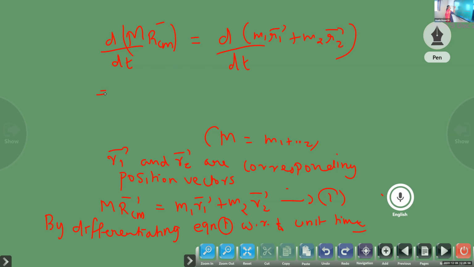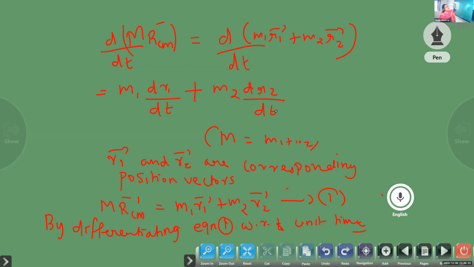M is a constant, no? So you can take it out. That means M1 into dR1 by dt plus, it's the UV product method, but the second term is 0. So I am just writing the first one. I am not going through the entire process of differentiation. You remember the UV method, the product formula: M1 into dR1 by dt plus R1 into dM1 by dt.